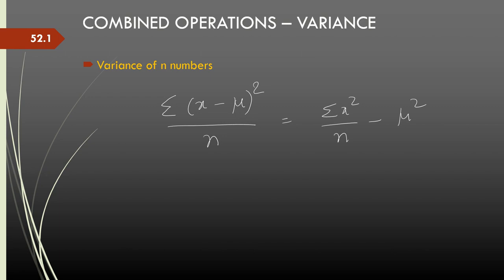Both are equivalent. So, we will use this formula: the sum of the squares of the given numbers divided by the total number of numbers, minus the square of the mean. We have seen how to calculate the mean, so we will first quickly calculate the mean and then do the sum of squares divided by n minus the square of the mean in one single go.